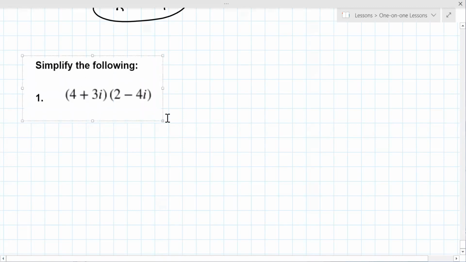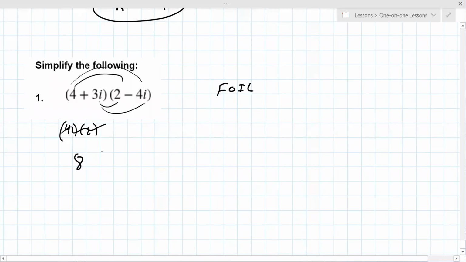All right, so simplify the following. This is a multiplication of a binomial. So you're going to take 4 and multiply it by 2, and 4 and 4i, and so on. So you end up getting the FOIL essentially here. So you get 8 minus 16i plus 6i minus 12i squared.